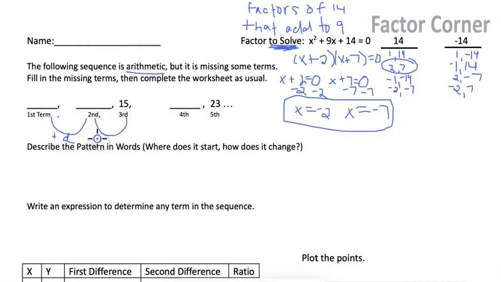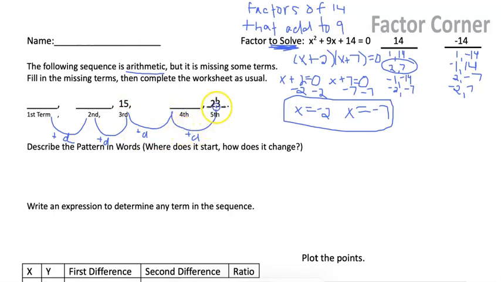So all of these, it's the same idea. So what that means is that if I'm looking at the two numbers that I'm actually given, which are 15 and 23, that means that between them, I have moved, and I just illustrated it for you here. This is one common difference added.